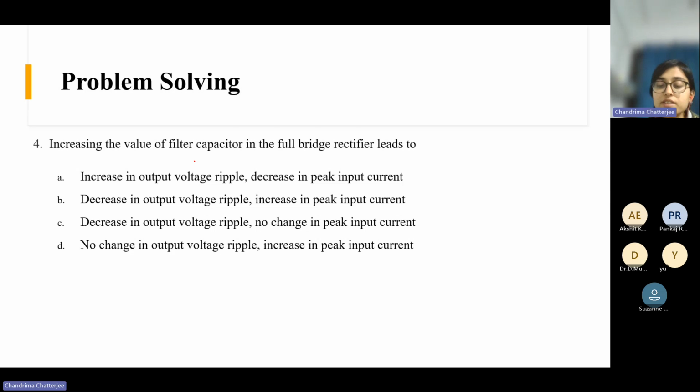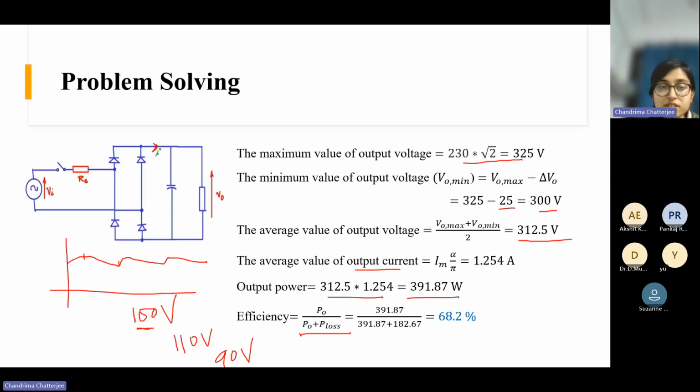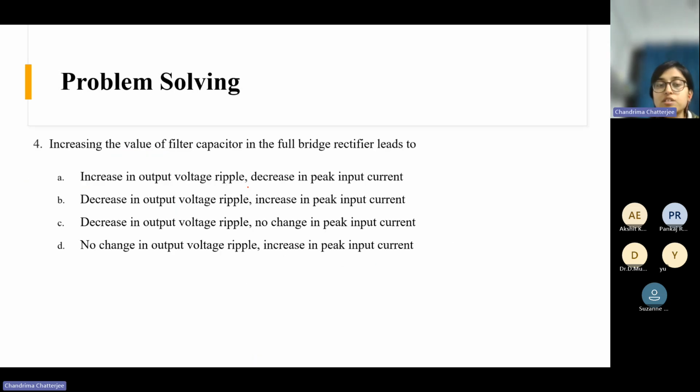If we increase this filter capacitor value, if we increase this capacitance value, what is the consequence? Now input current will be increased, okay? And what is the other effect?